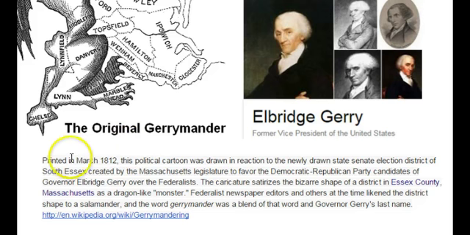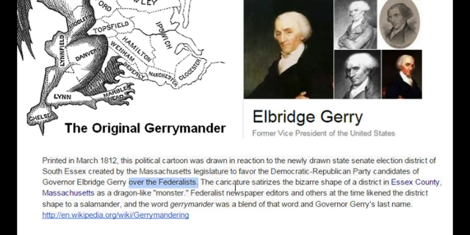And so this happened right around the time of the War of 1812, which we just studied. And this political cartoon was a reaction to the newly drawn state Senate election district of South Essex. And it was created to favor the Democratic Republican Party over the Federalists.